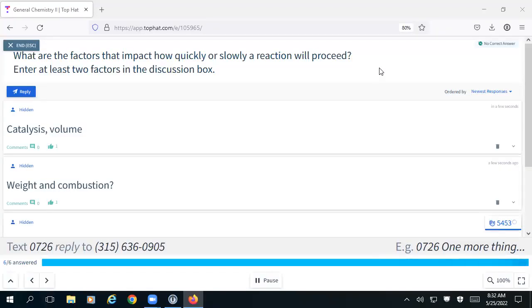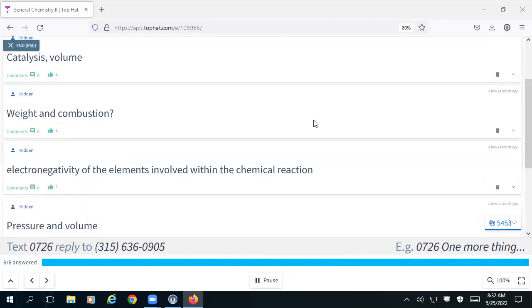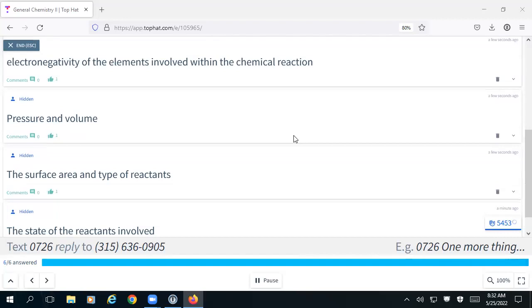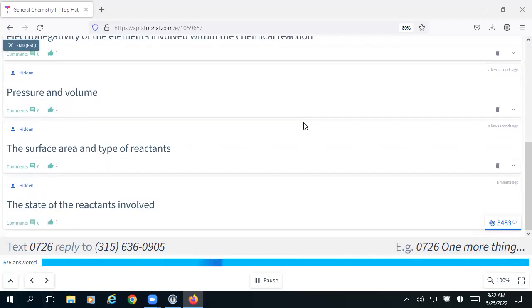All right, so we've got some good thoughts here. Things like catalysis, or maybe it has something to do with electronegativity. Maybe it has something to do with pressure and volume. Maybe it has something to do with surface area or the state of the reactants themselves.